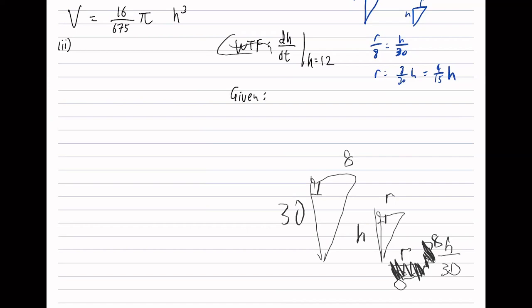Given dv over dt is minus 5. Very good, minus 5. I was waiting for the minus. Yes, very good. Then you can find dv over dh.